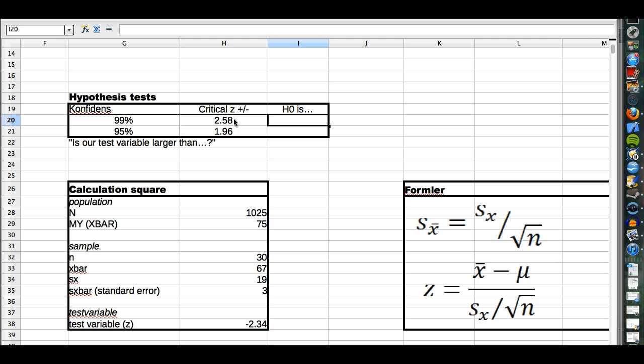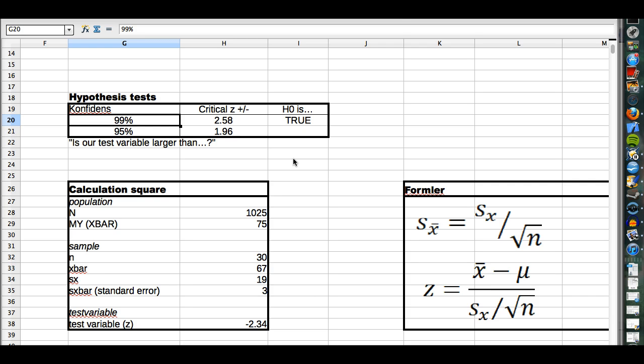Because it's a double-sided hypothesis test. We're not saying anything about negative direction or positive direction. So in absolute values, is 2.34 larger than 2.58? No, it's not. So in this case, we have to say that the null hypothesis is true, and we say that no, the change in attitude towards nuclear power is not statistically significant at the 99% confidence level.